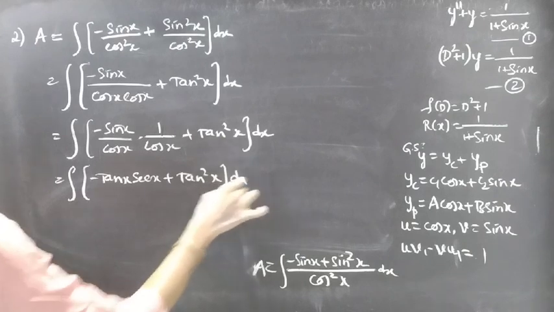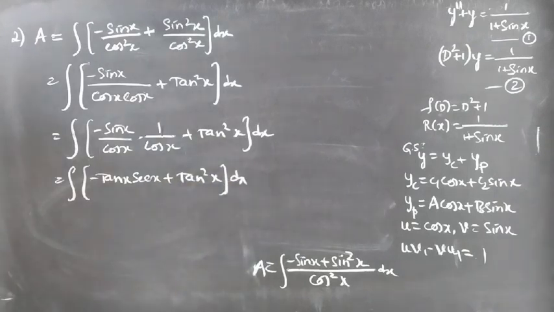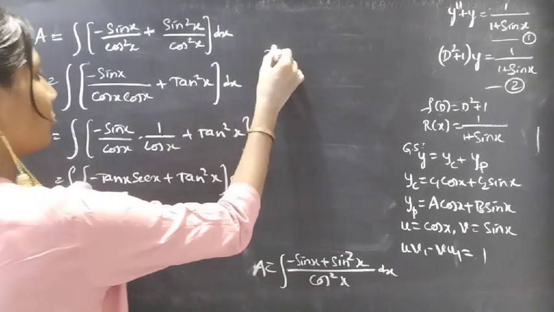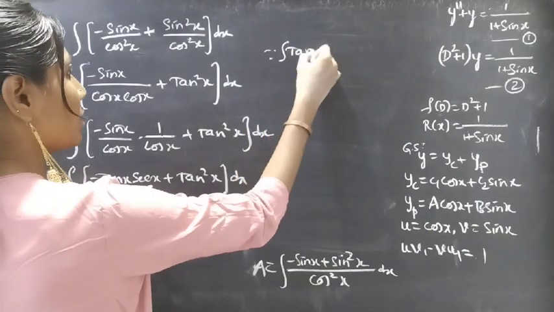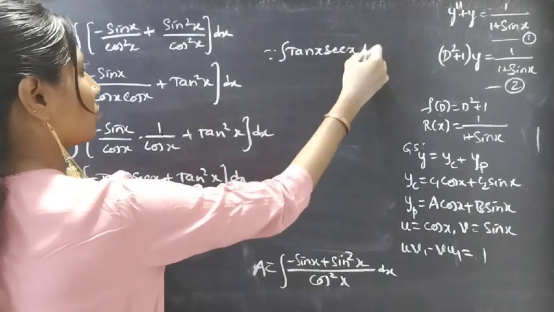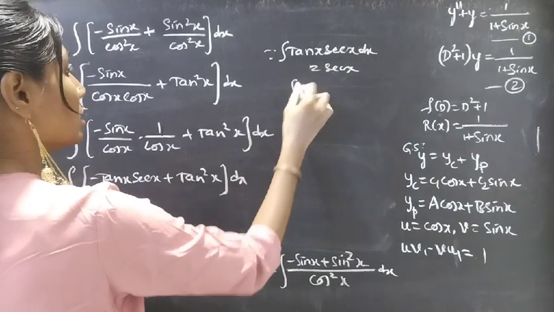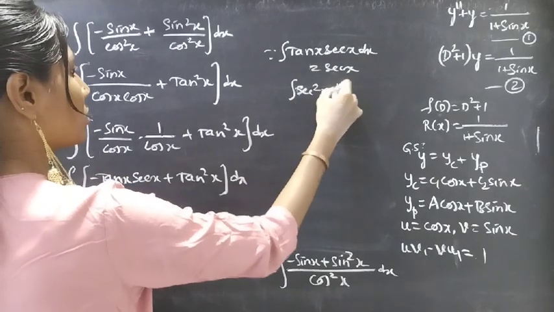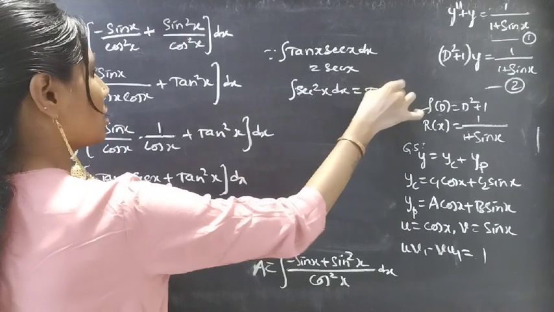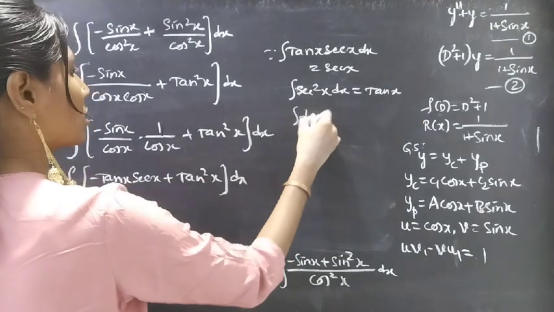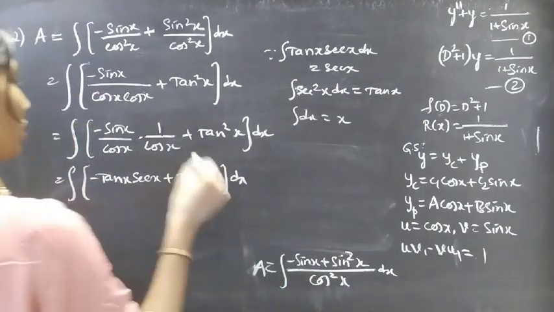Since we are going to apply integration, we know that integral tan x secant x dx equals secant x, integral secant square x dx equals tan x, and integral dx equals x. Here we are having tan square x.